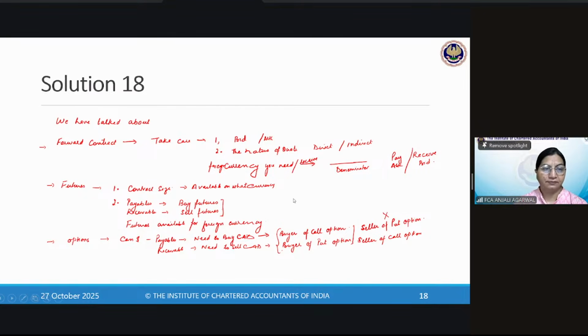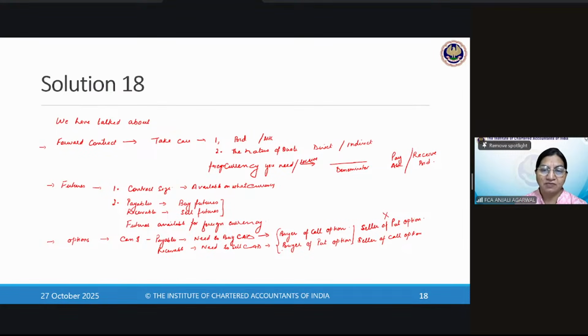Money market hedge should be very clear to you. It's a very simple concept. If you have some payables, make an arrangement that you have exactly the same receivables on the same date. Now, to receive something in future, you need to deposit the present value of that. But where will that money come from to deposit today?